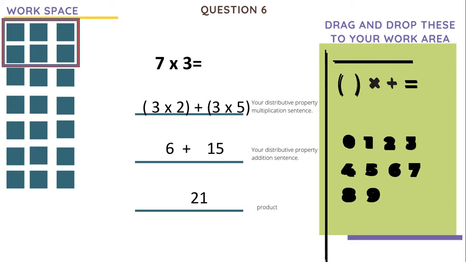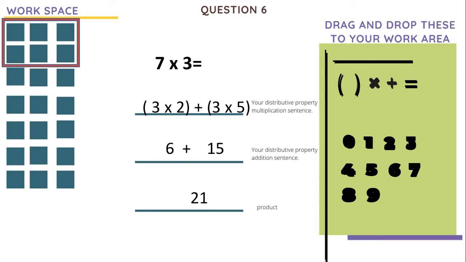I also only broke apart the 7. My 3 remains in this problem, and my 3 remains in this problem. So first and foremost, I have 3 times 2 plus 3 times 5. 3 times 2 gives me 6, and 3 times 5 gives me 15. When I add them together, I get the product of 21.